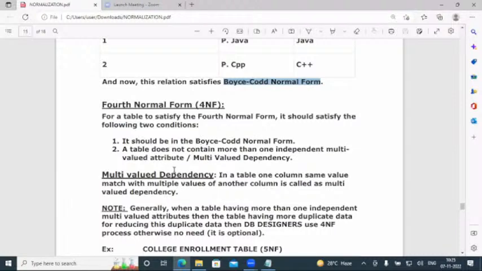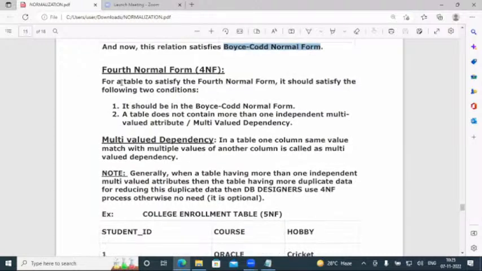Now, let us see this example. For a table to satisfy fourth normal form, two conditions should be satisfied. First, your table should be in Boyce-Codd normal form. Second, this is important, observe: a table should not have more than one independent multi-valued column.